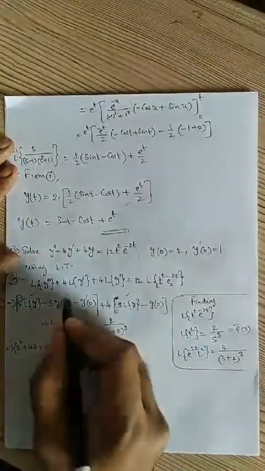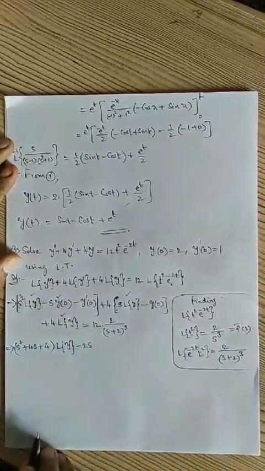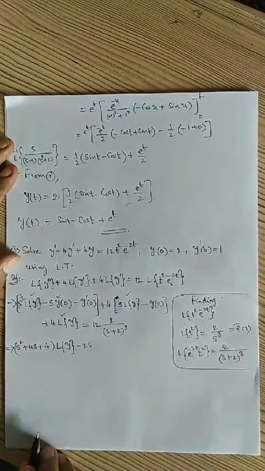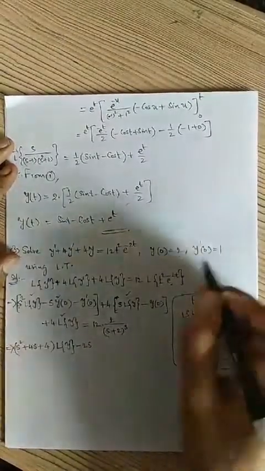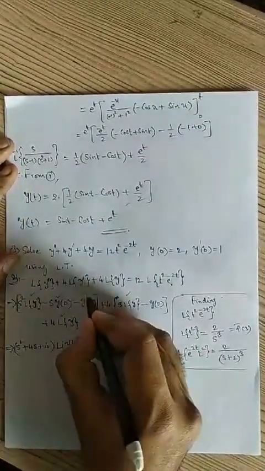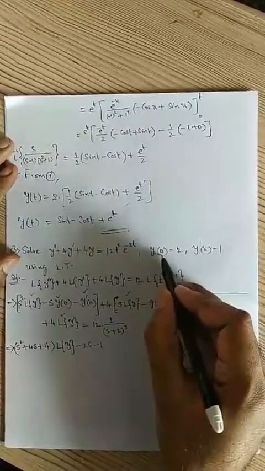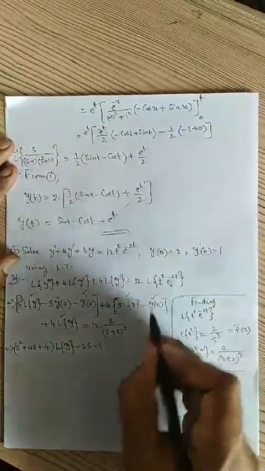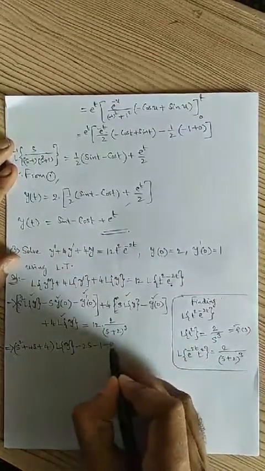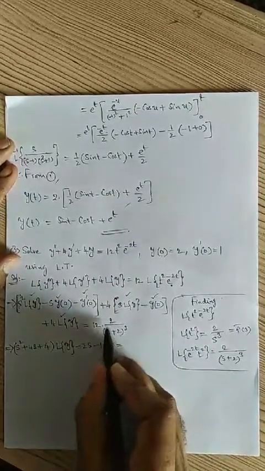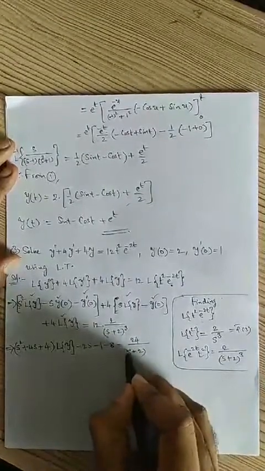So here we will get minus 2s. Right? And y dash of 0 is given to be 1. So here I will get minus 1. This term is covered. Then remaining is this term. Again y of 0 is given to be 2. Here I will get minus 2. Minus 2 into 4 is minus 8 equals to 12 into 2, which is 24 by s plus 2 whole cube.